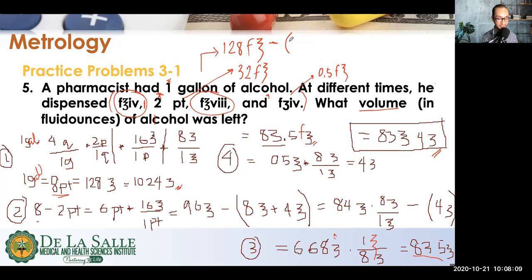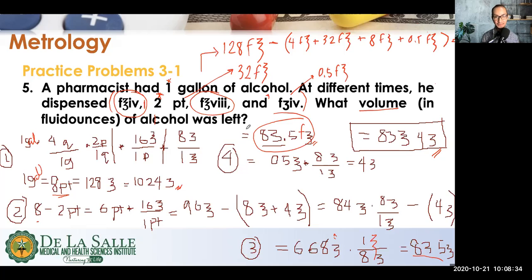And so this is 4 fluid ounces plus 32 fluid ounces plus 8 fluid ounces, and this one is 0.5 fluid ounces. So your answer should still be 83.5 fluid ounces.